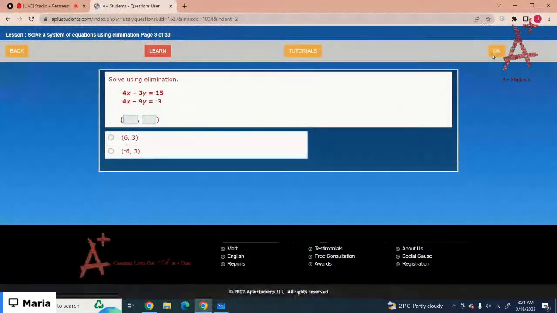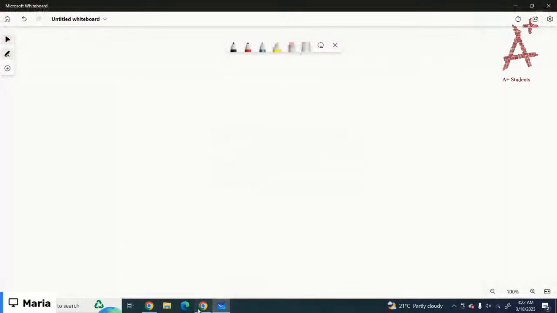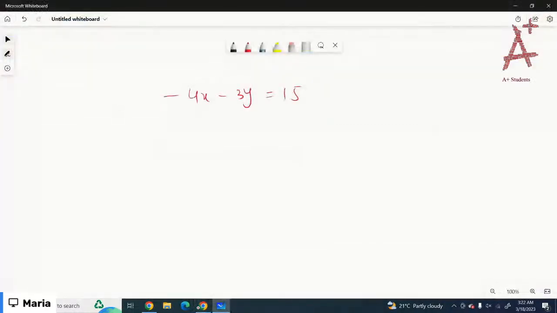Okay, let's just do another example. Negative 4x, negative 3y equals 15. And the second one is negative 4x, minus 9y equals negative 3.